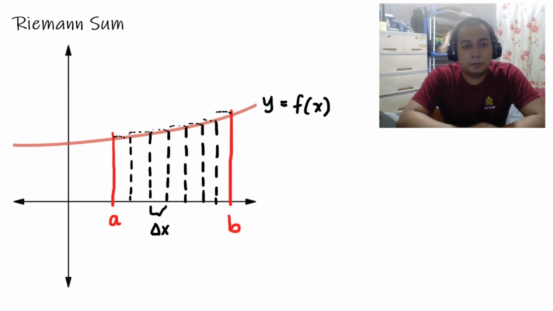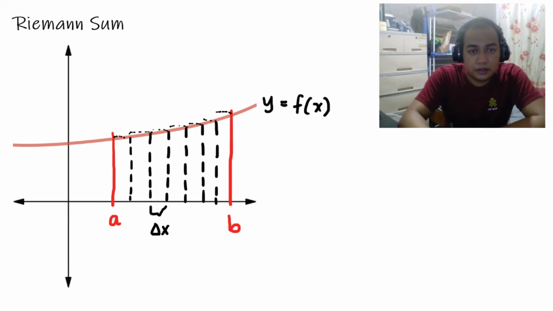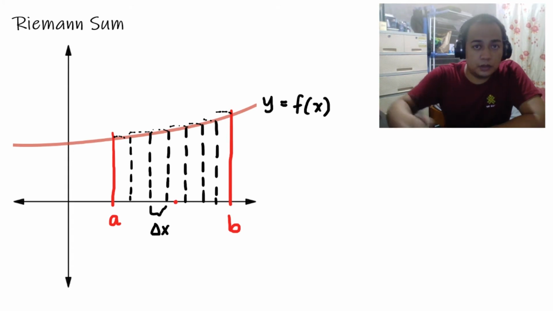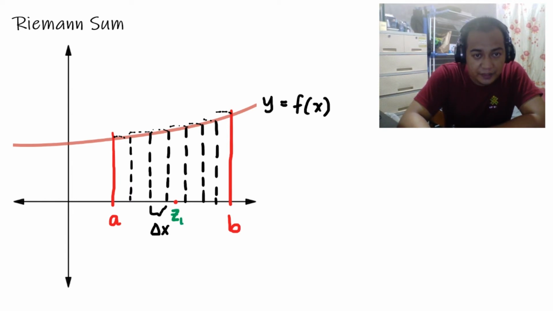So let us consider an arbitrary point somewhere here. We call this value of the point, the x value, z sub i.